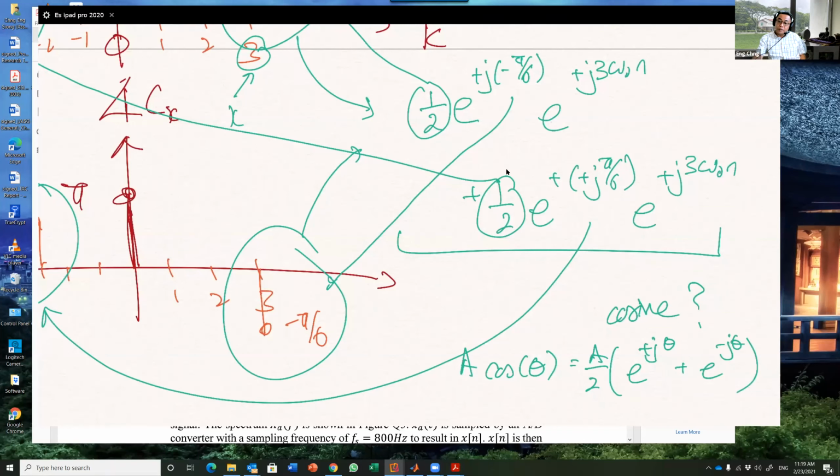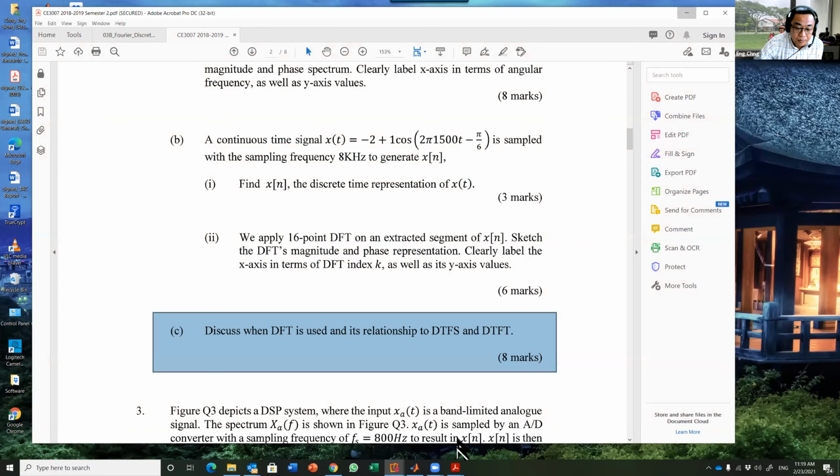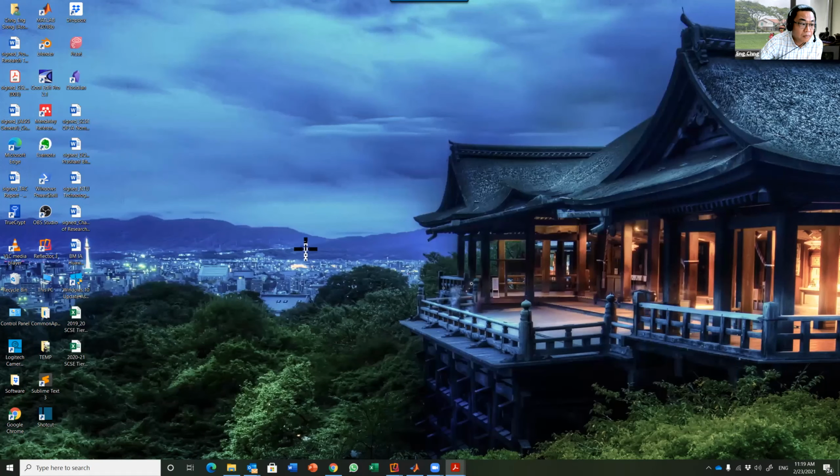The Euler equation representing a cosine with a sum of two complex exponentials. And you realize that I have just broken down the cosine into a sum of two complex exponentials. Now, if you have problems following this argument, I'm going to show you where exactly you need to study.